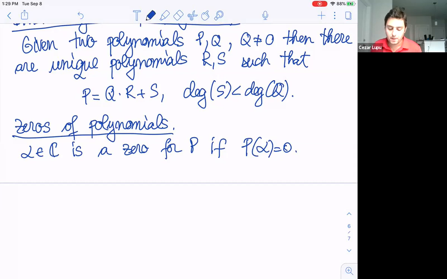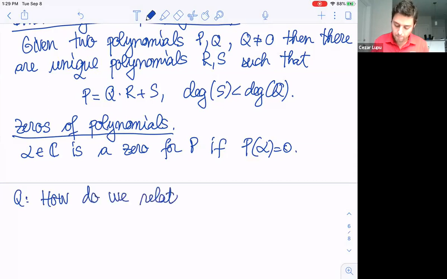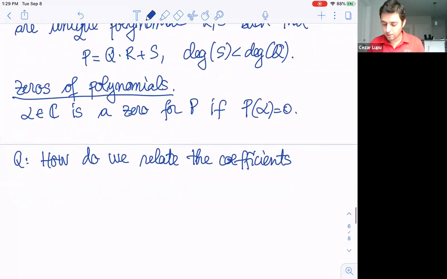And also, there exist Viète's formulas for polynomials, which relate the coefficients with the zeros of polynomials.